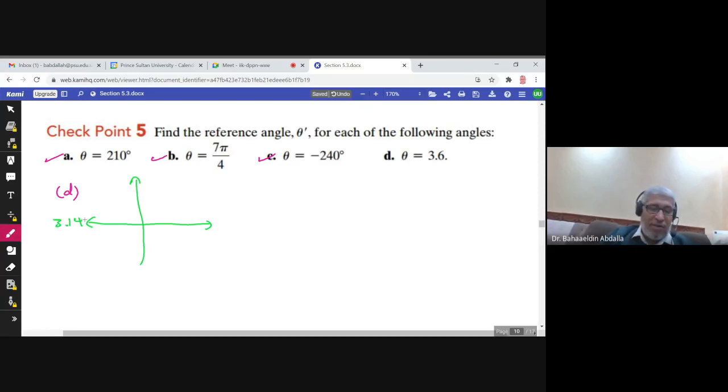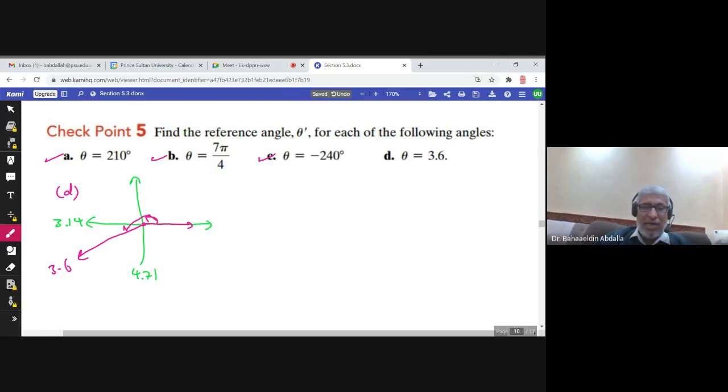Okay, what about 3 pi over 2? 3 pi over 2 is 4.71. So if you sketch the graph of this angle, if you put the vertex here and the initial side here, and you go in the positive direction, 3.6 is greater than 3.14 and less than 4.71. So it's somewhere here. This is 3.6 radian.